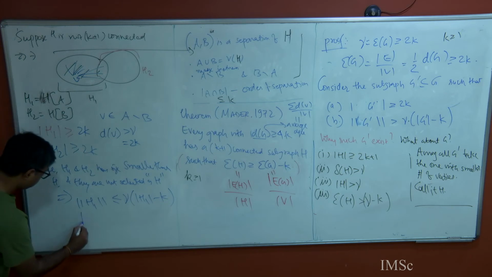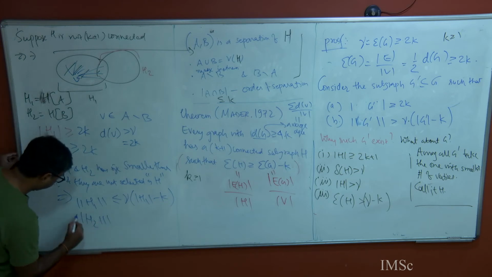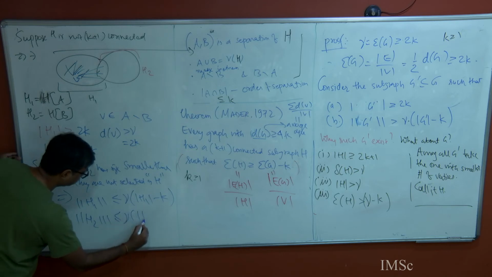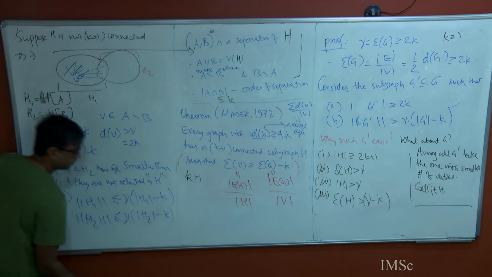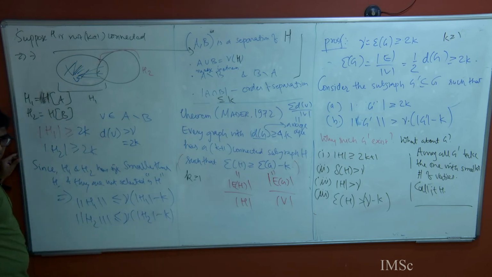Agreed? The number of edges in H2 is less than or equal to gamma times (H2 minus k). Right? All good?